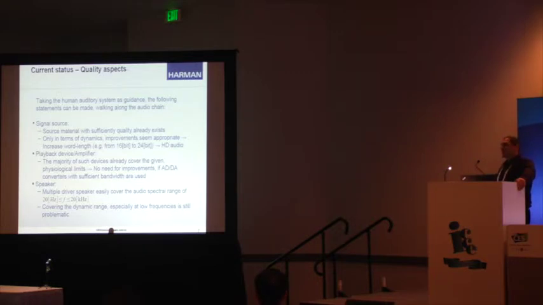The bandwidth of 20 to 20,000 hertz as well as the 130 dB are easily covered by those numbers. You know, 1 bit is about 6 dB, so with 24 bits we have 144 dB of dynamic available. Therefore, we have a little bit of headroom to cover the complete dynamic range of our hearing system.